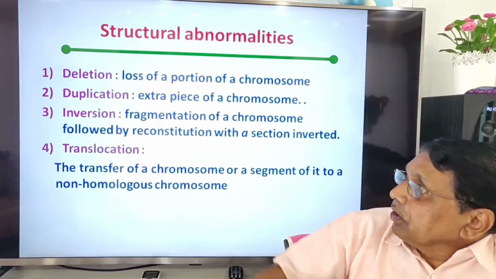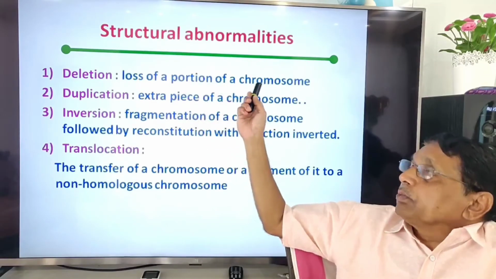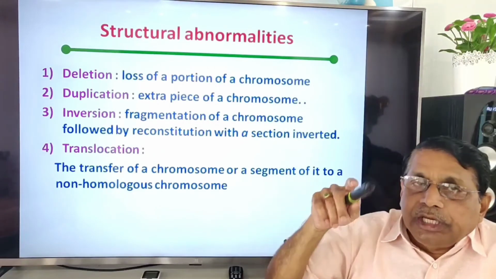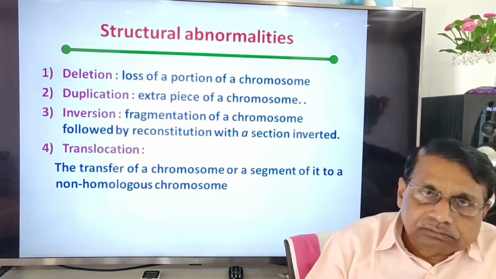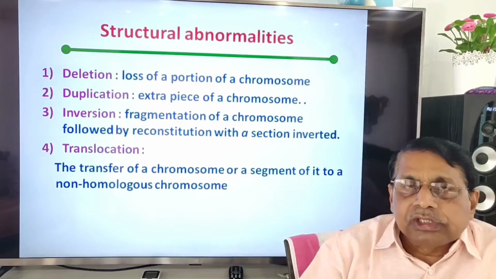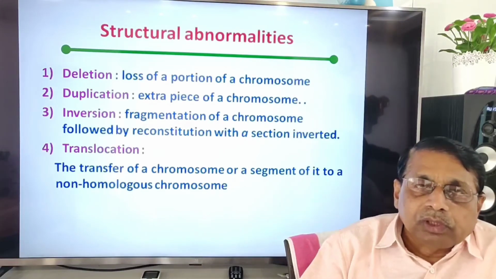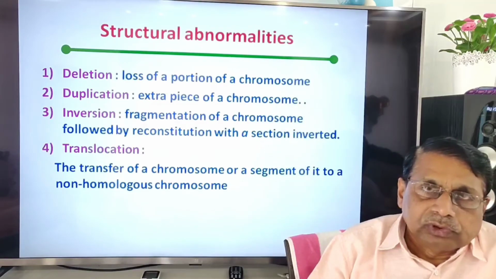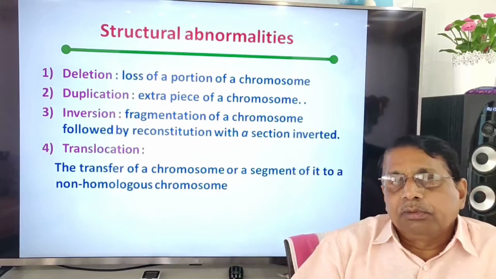Then deletion, loss of a portion of a chromosome. A, B, C, D, E, F. That is the sequence of the genes in a particular chromosome. But a small part is lost. Only C, D, E, F will be available.